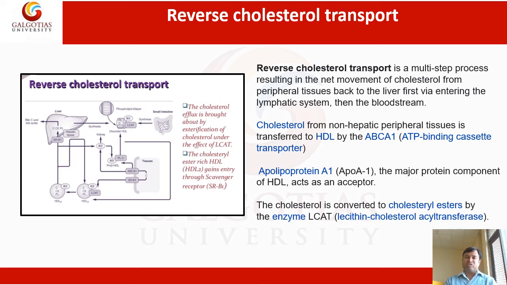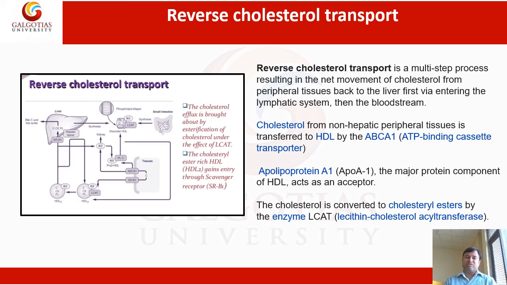Through the transporter, cholesterol is first transferred into the HDL and it forms HDL3. Apoprotein A1 is a major component of the HDL that acts as a receptor, receiving the cholesterol. After that, HDL3 is converted into HDL2, because in the blood vessel the LCAT enzyme converts the cholesterol into the esterified form.